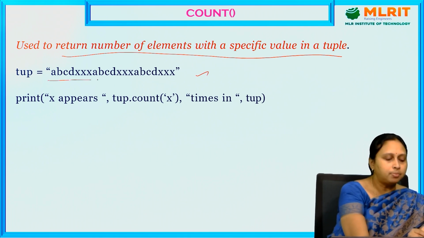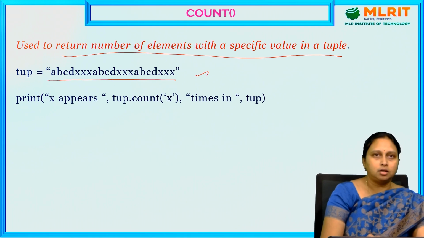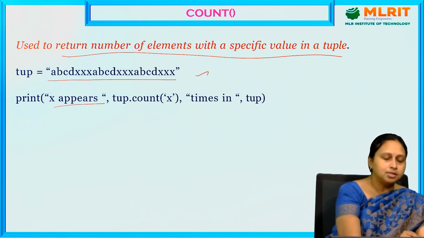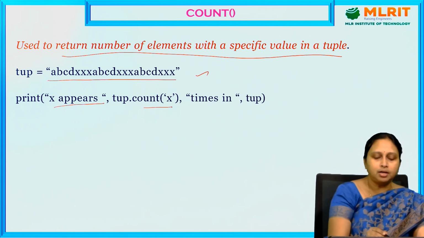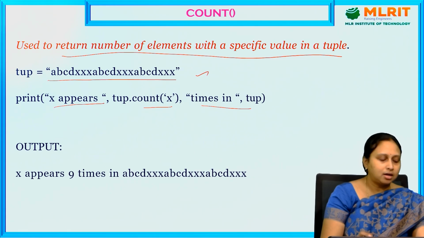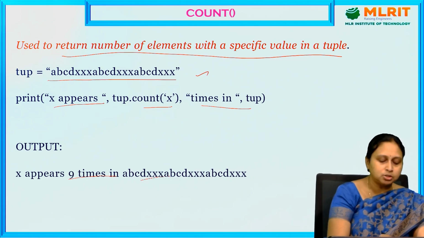Here, this is a tuple that was given with A, B, C, D and X. These are the different elements present in the tuple. Now, I want to print how many times X appears in this tuple, the number of times I want to display. You can check here, X appears 9 times in this particular tuple.